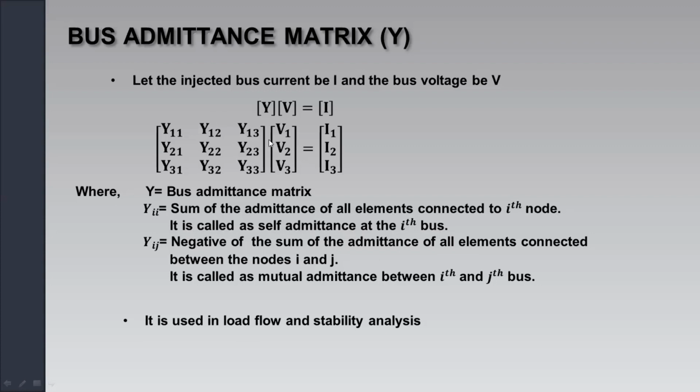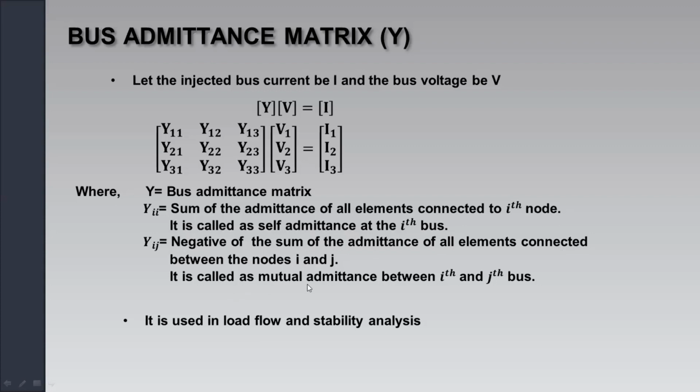Then the off-diagonal elements are called mutual admittances. Y12 is equal to Y21, Y13 is equal to Y31, and Y23 is equal to Y32. It is generally expressed as Yij, the negative of the sum of admittances of all elements connected between nodes i and j, that is, buses i and j.